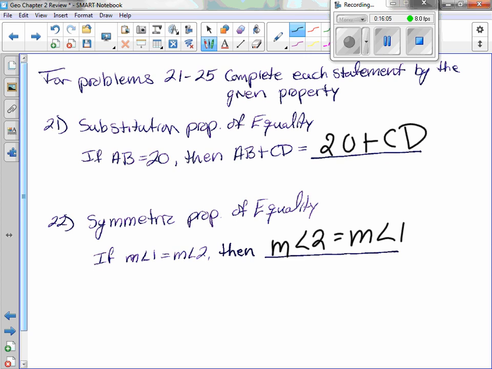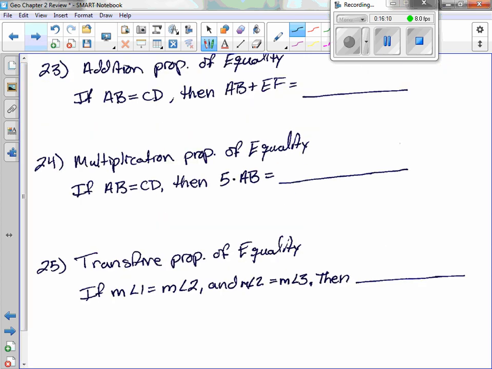Any questions on 21 or 22? Addition property of equality. If AB is equal to CD, then AB plus EF equals what? CD plus EF, because we can add the same thing to both sides. Multiplication property of equality. 5 times AB is equal to 5 times CD, because I can multiply the same thing on both sides.